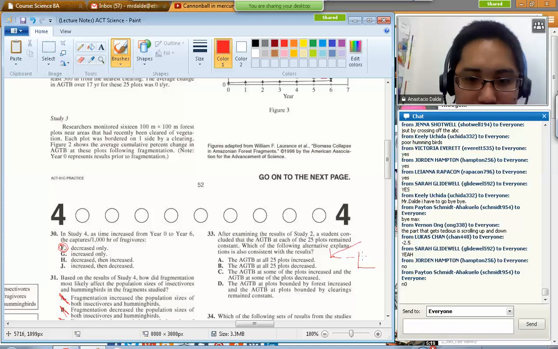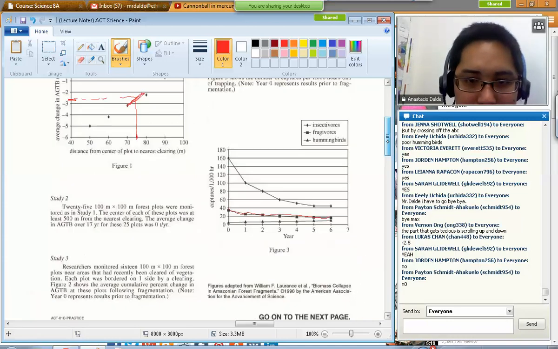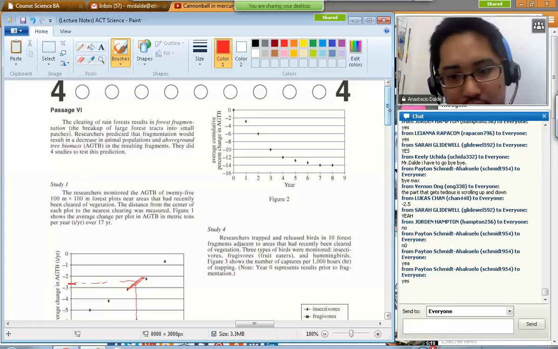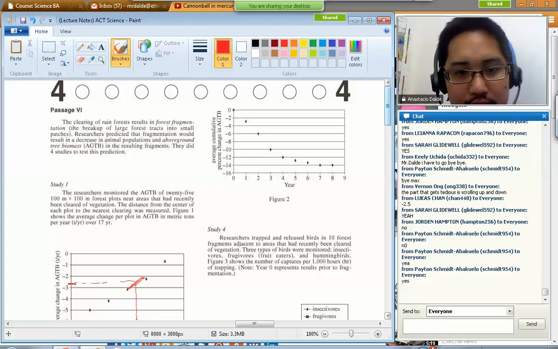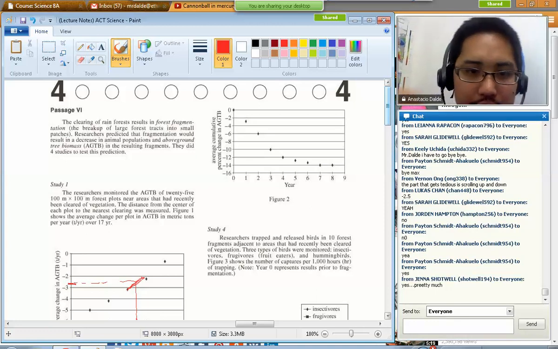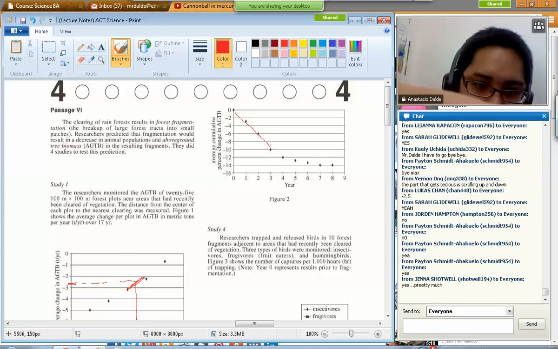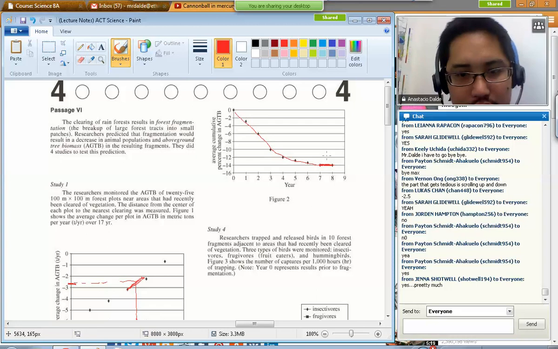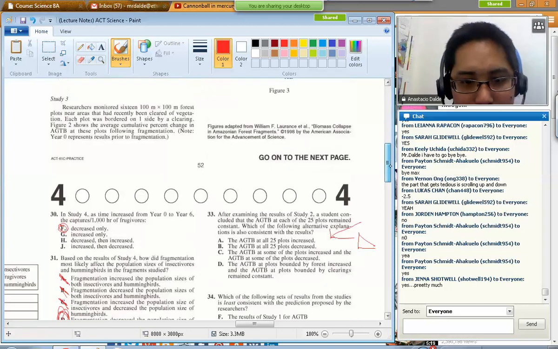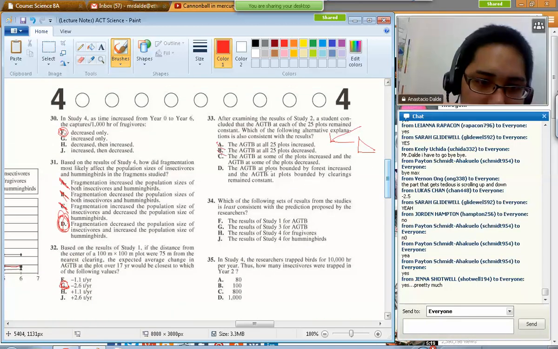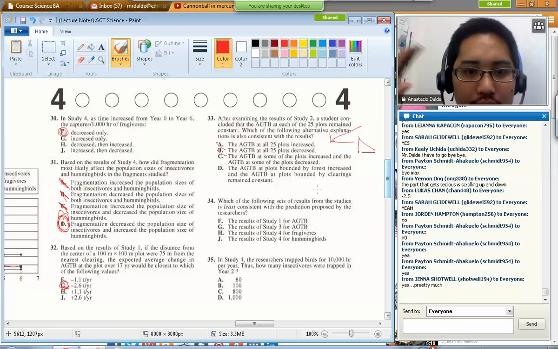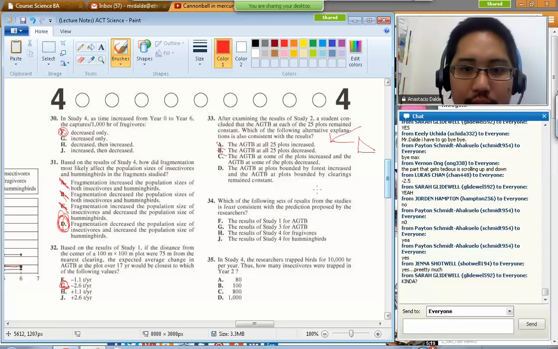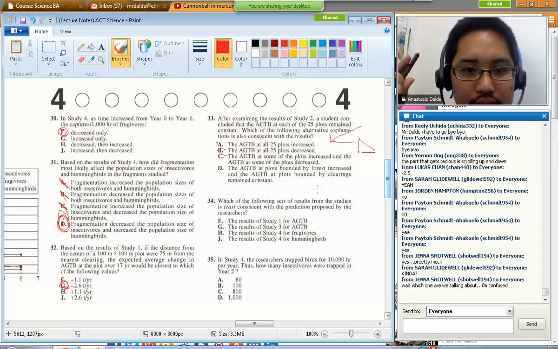Did they all decrease? Yes, pretty much, but it's not exactly true, because over here it didn't decrease. So that's out. The AGTB at some points of the plot increased and some points decreased.